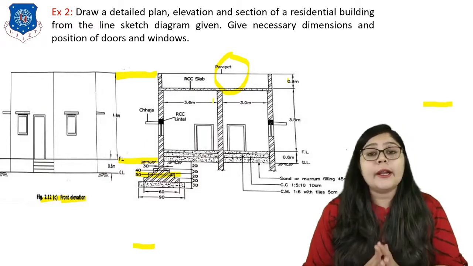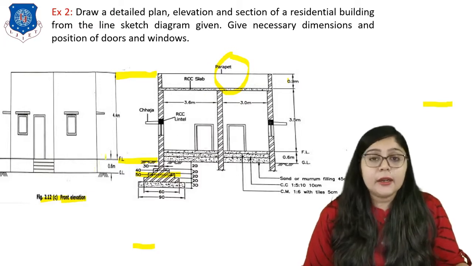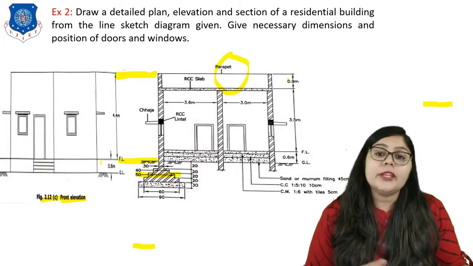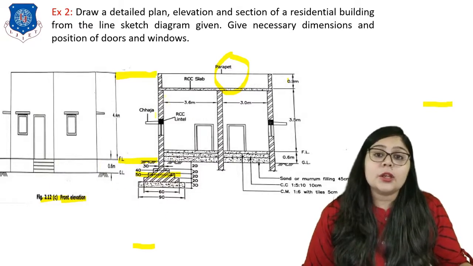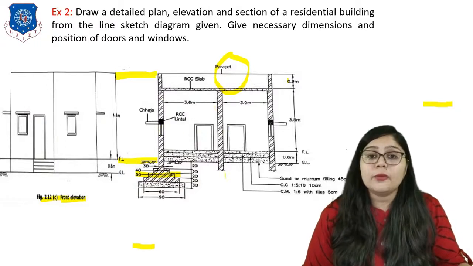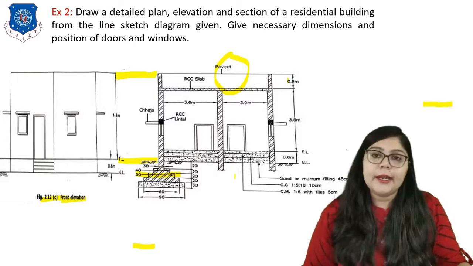And now you all better understand how a section is drawn for any building, right? So this is all about the elevation and section, where in the section the foundation, the cross section, the windows, doors and the thickness of the wall are all mentioned clearly, right? So it gives you the detailed idea.